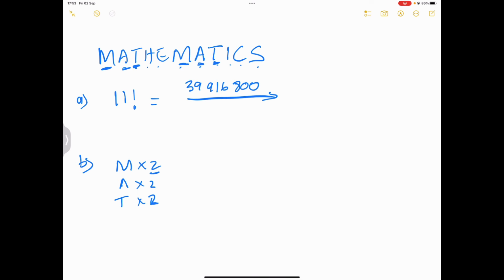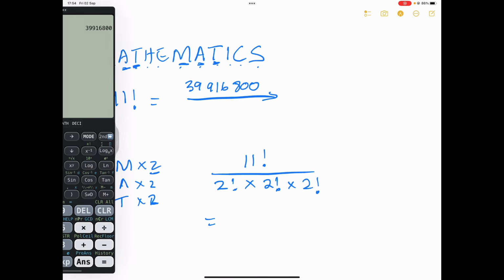So in this case, what would be the number of possible outcomes? We would simply say that's 11 factorial divided by 2 factorial for M, multiplied by 2 factorial for A, multiplied by 2 factorial for T. So you would simply calculate that.